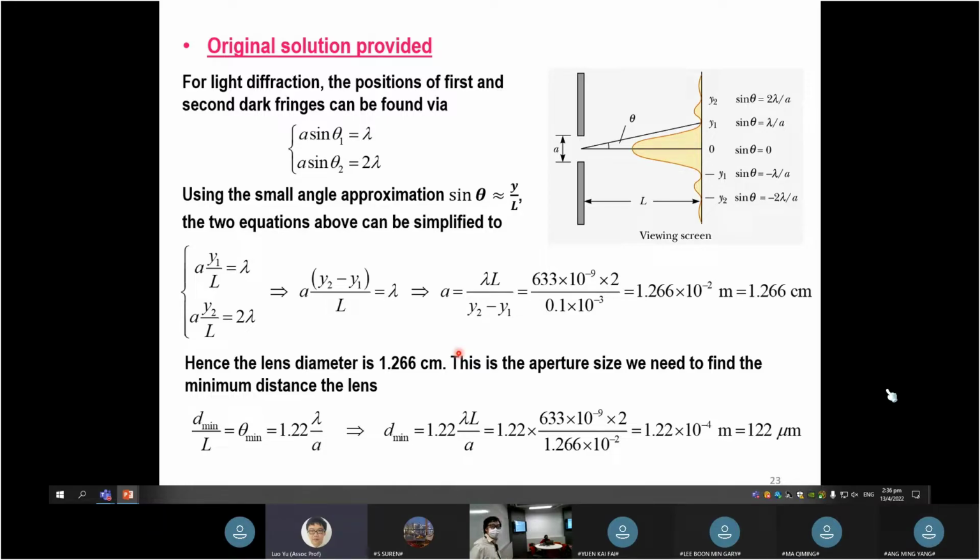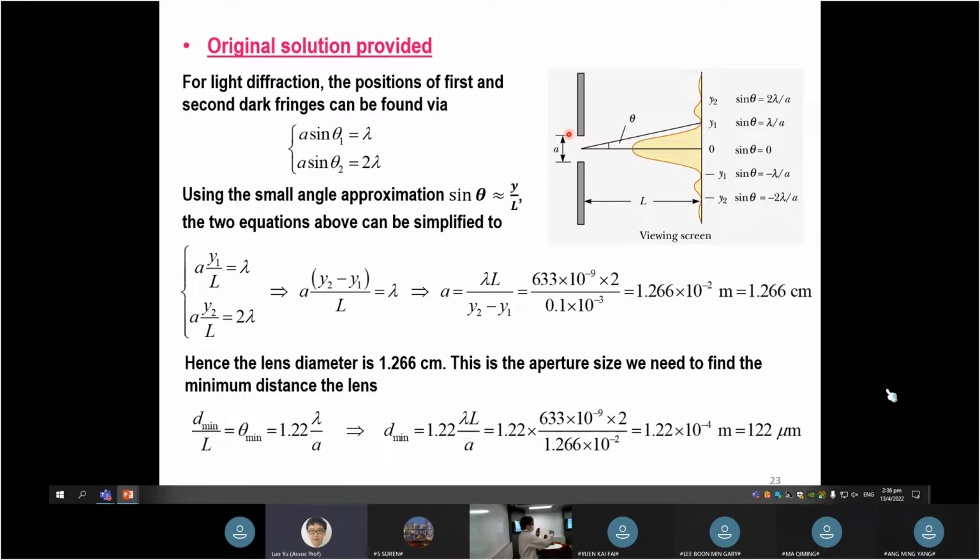So now let me remind you. When I do diffraction, I call this A the width or diameter. I always said this is for thin film diffraction: A times sine theta equal to M times lambda. That is the diffraction equation for a slit aperture.